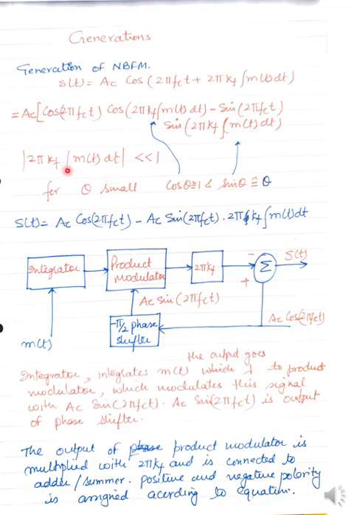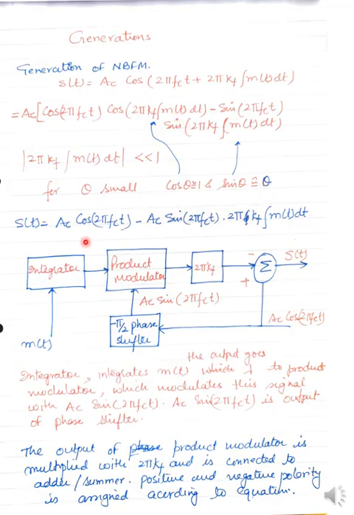Now the condition is that 2π kf ∫ m(t) dt is much less than 1. So theta is this term, and for theta small, we can say cos theta is equal to 1 and sin theta becomes equal to theta.